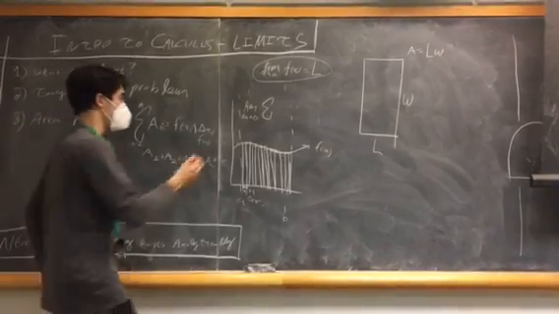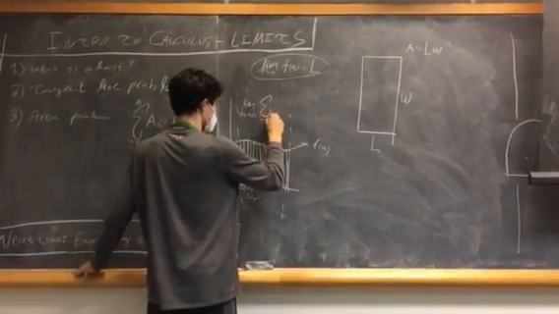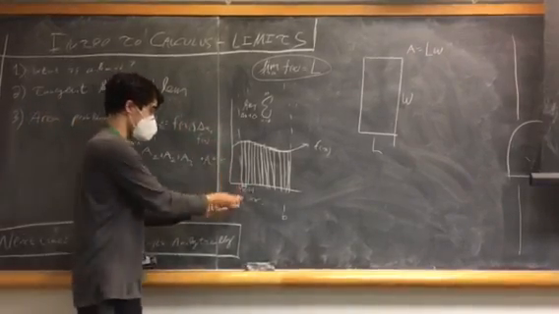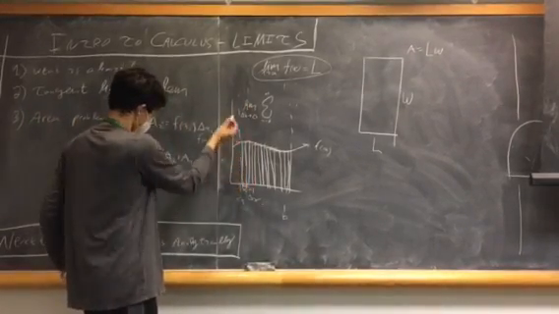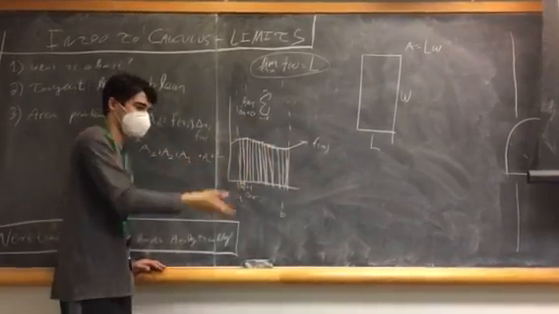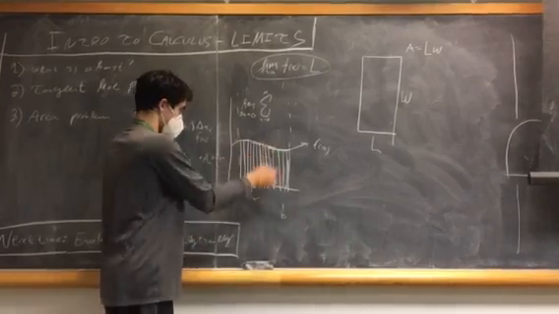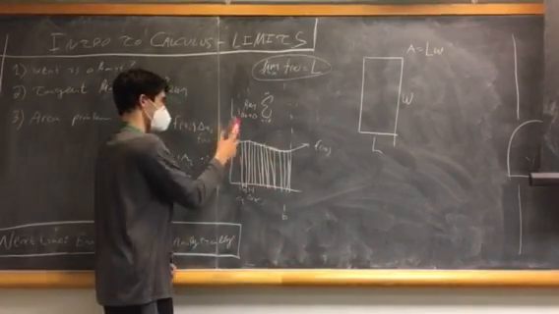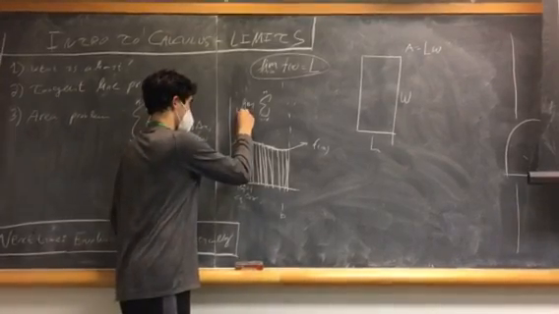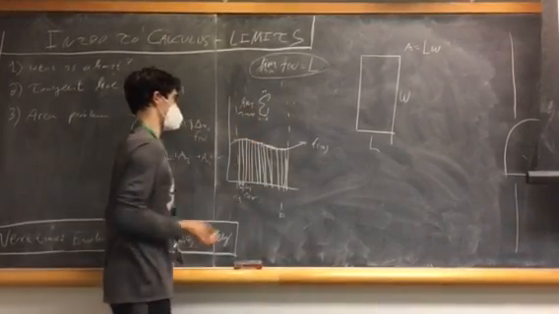Now, as I said earlier, when we let delta x approach 0, as the rectangles get smaller and smaller, oftentimes, in most cases, the number of rectangles will approach infinity. So I'll rewrite this as n approaches infinity.